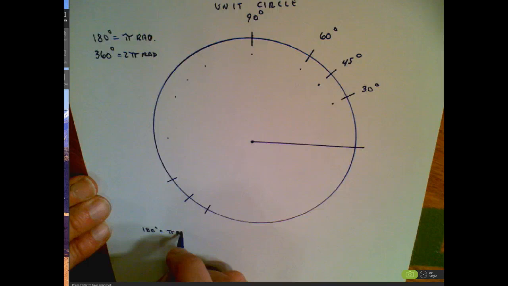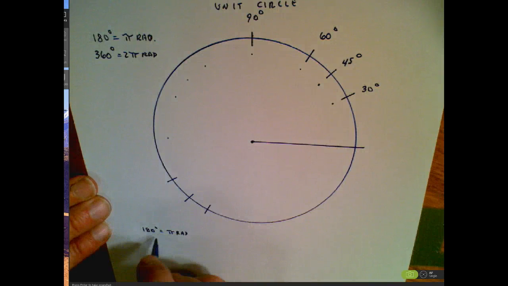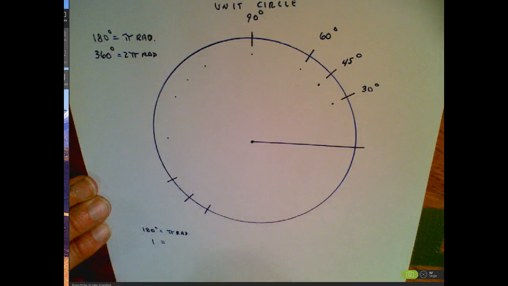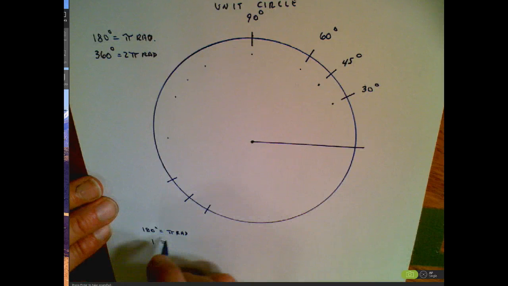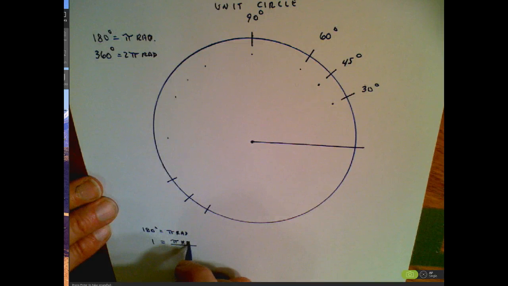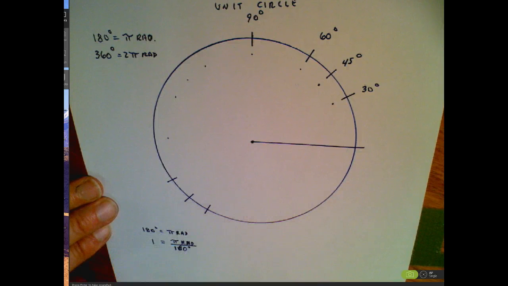I could divide both sides by 180, and I get 1 on the left. 180 degrees divided by 180 degrees is 1. Then if I divide the right side, I get a ratio, and that's pi radians over 180 degrees.